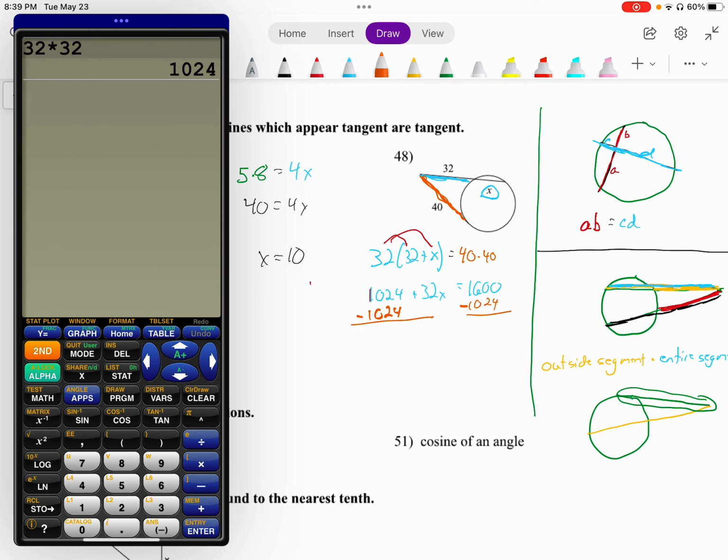And so we're going to subtract that. This is going to be 32x. If we subtract over here, we get 576. And then 576, we're going to divide both sides by 32. So 576 divided by 32 equals 18. X equals 18.